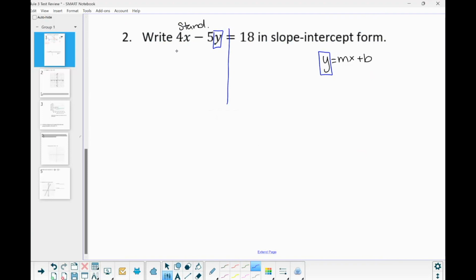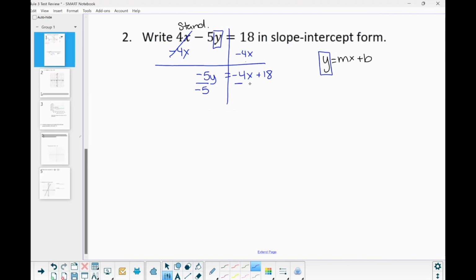I'm going to start by moving this 4x. I know the opposite of positive 4x is negative 4x. I cannot combine 18 and negative 4x because they are not like terms, so I'm just going to rewrite them right next to each other. My 4x's are gone. I'm left with negative 5y. From here, I'm going to get rid of this negative 5, so I'm going to do the opposite.